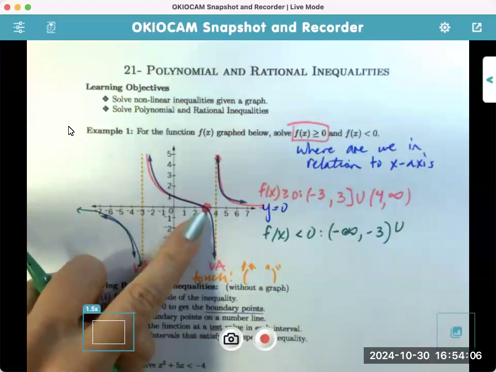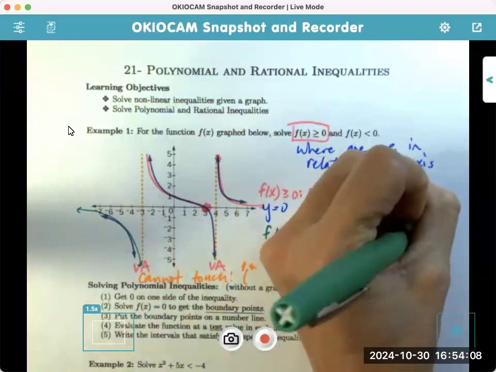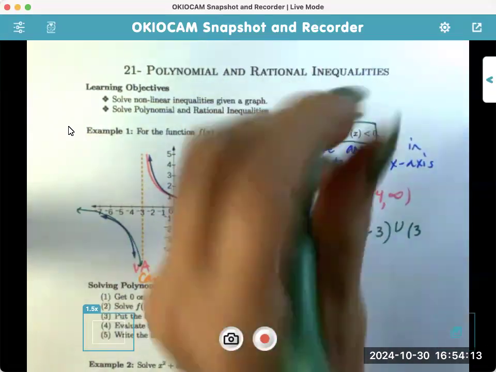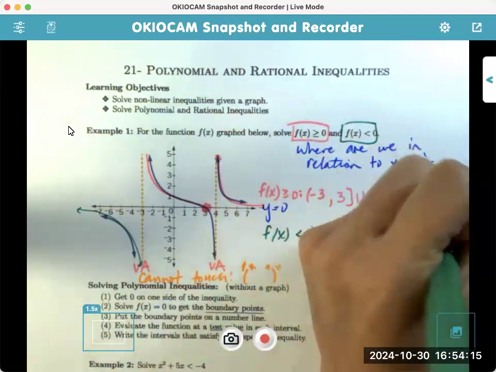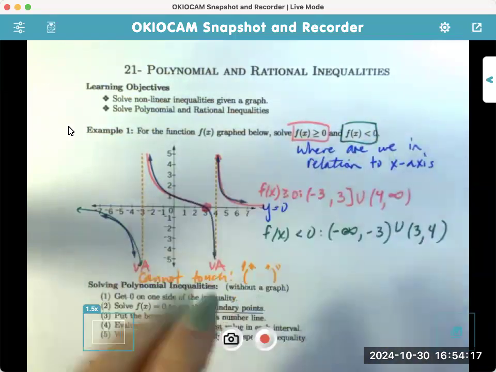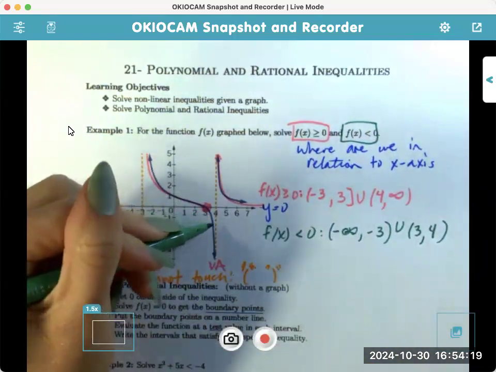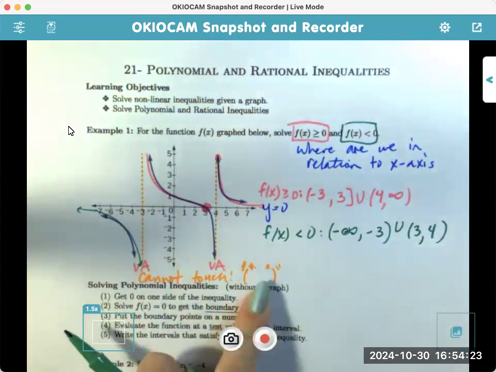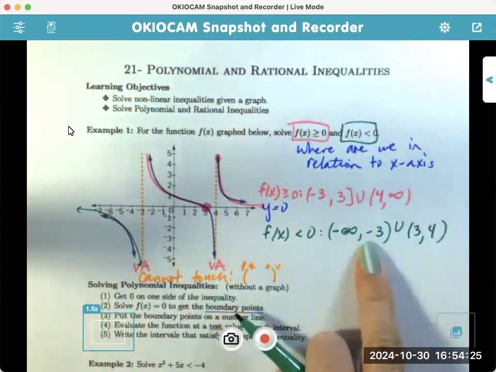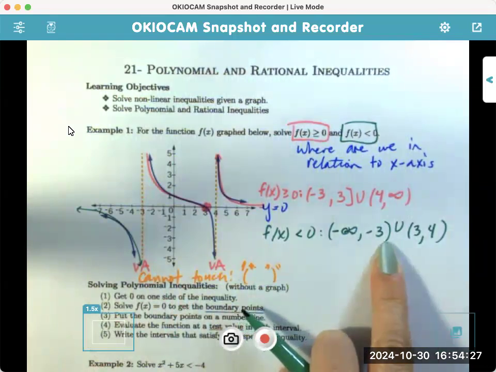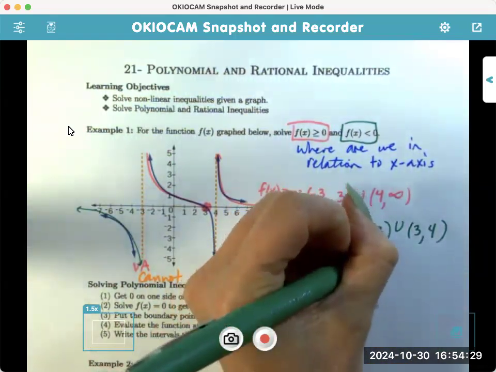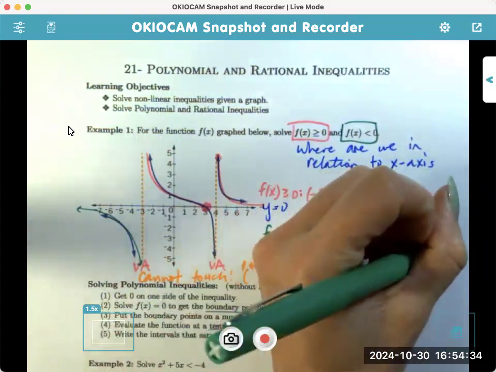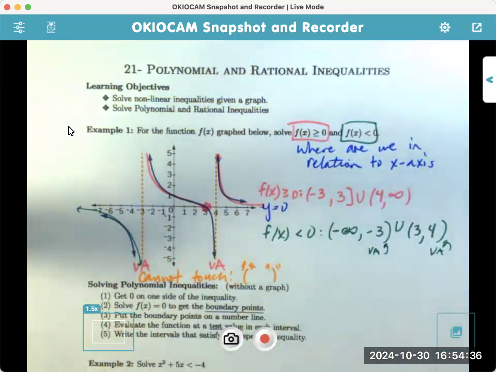Union, and then over here from 3, parenthesis, because now it's strictly less than, to 4, close parenthesis. Because again, we're going to get super close to 4, but never touch 4 itself. So parentheses around these vertical asymptotes, right here and here. There we go.